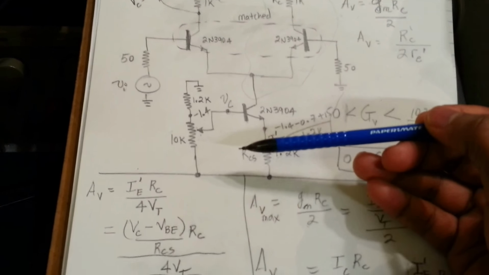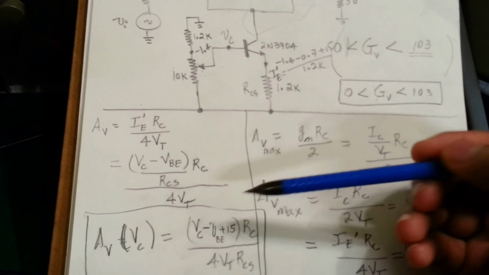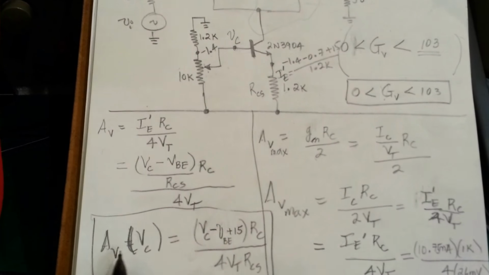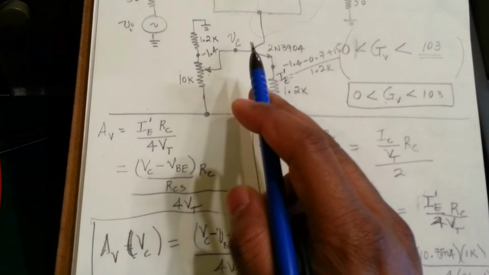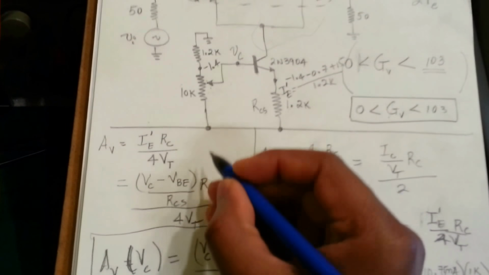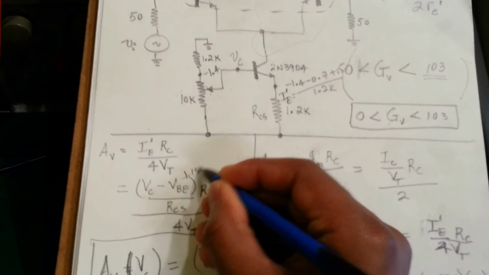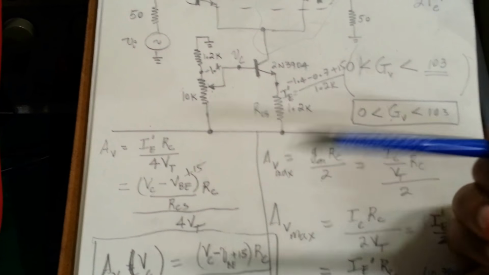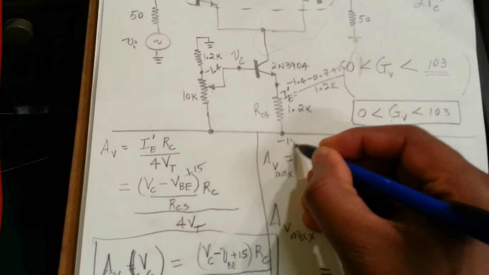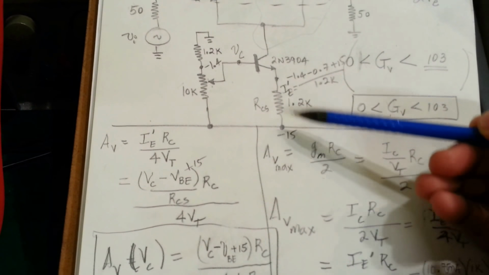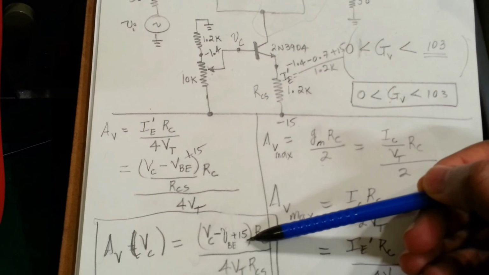And just to recap, when I derived the voltage gain as a function of the controlling voltage, I forgot to include the plus 15 volts here. So make sure to include the plus 15 volts, which is basically this point here, these minus 15 volts here, because the current that flows is into this rail here, so we have to include that voltage.